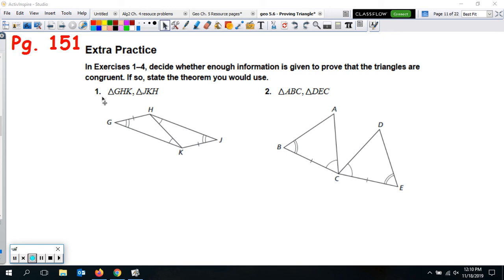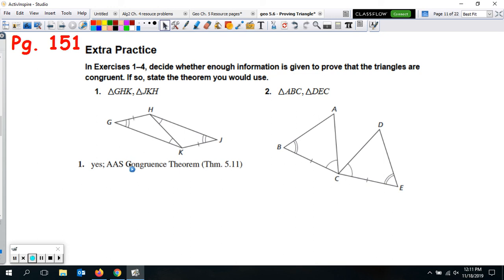All right, let's go ahead and check your answers. For number 1, you do have the two angles and the one side, so definitely this is yes. But which one would it be? It's going to be AAS, because it's a non-included side. So you have your angles and then a side over here. The side in between the angles is not shown, so it's not the included side, it's a non-included.